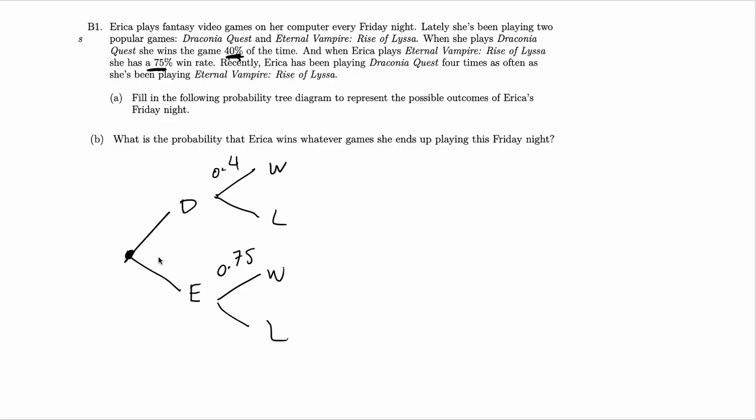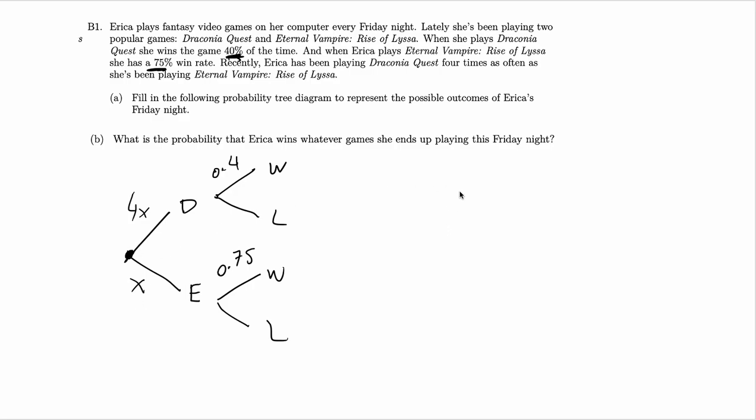But it is given to you that she goes to Draconia 4 times as often. So think about this. If this is X, this is 4X, right? So if the probability of going to Eternal is X, I'm telling you that actually she's going more towards the Draconian 4 times more than X, right?